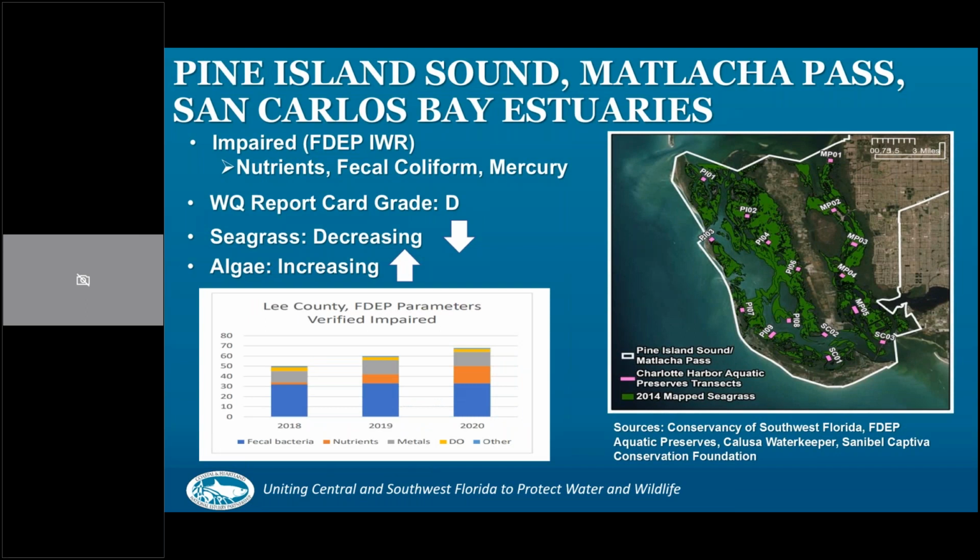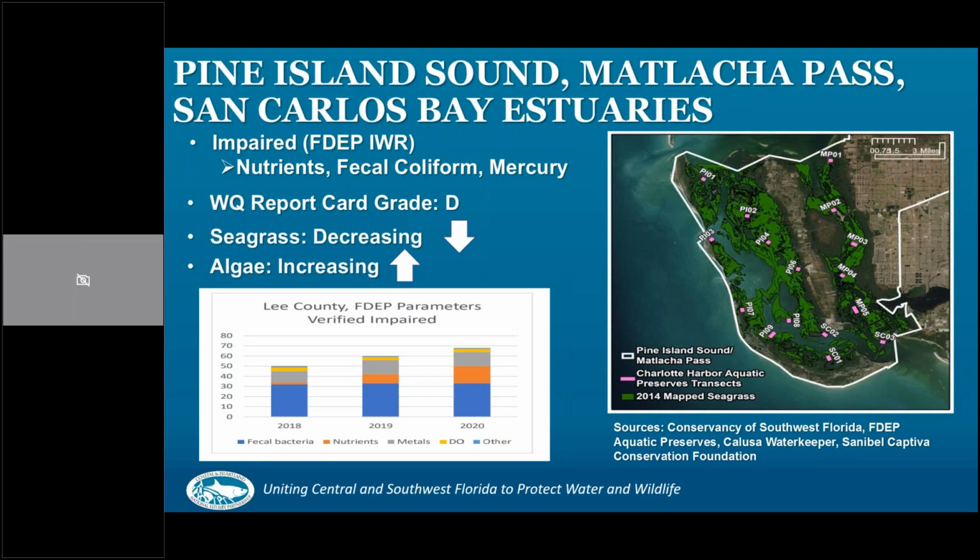All right, so moving down through the southern portions of the CHNEP estuaries, we don't have the overall acreage data that we're going to be looking at here, and so instead we're going to focus mostly on what's going on with the Transect data. And again, it's great that we have this really comprehensive data throughout the region. So Pine Island Sound, Matlacha Pass, and San Carlos Bay estuaries are here all grouped together. Again, they sometimes act a little bit differently. As you can see, Pine Island Sound has a lot more tidal flushing.